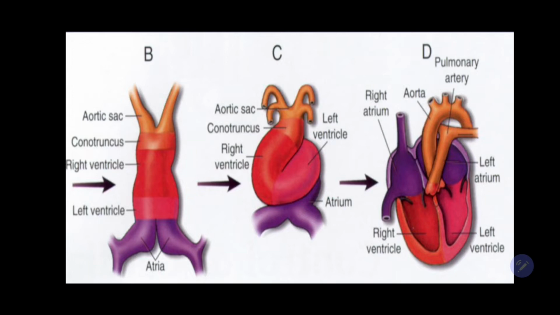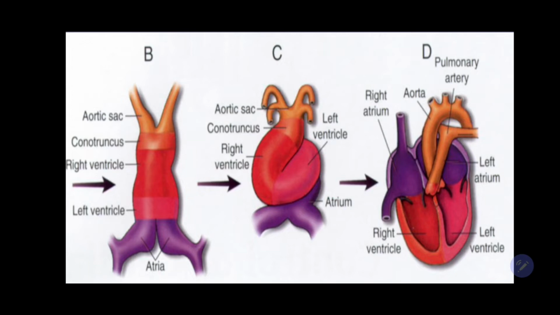So initially the AV orifice gives access only to the primitive left ventricle, and it is supported by a bulboventricular flange. The flange what you see here, this is the bulboventricular flange.